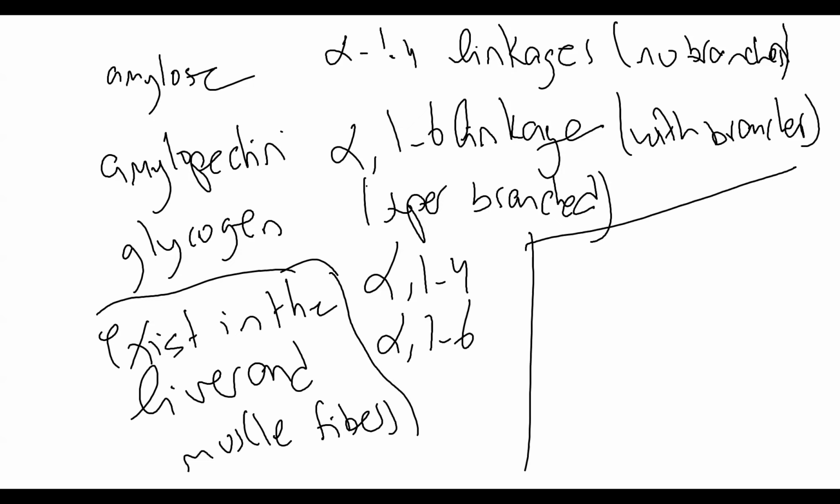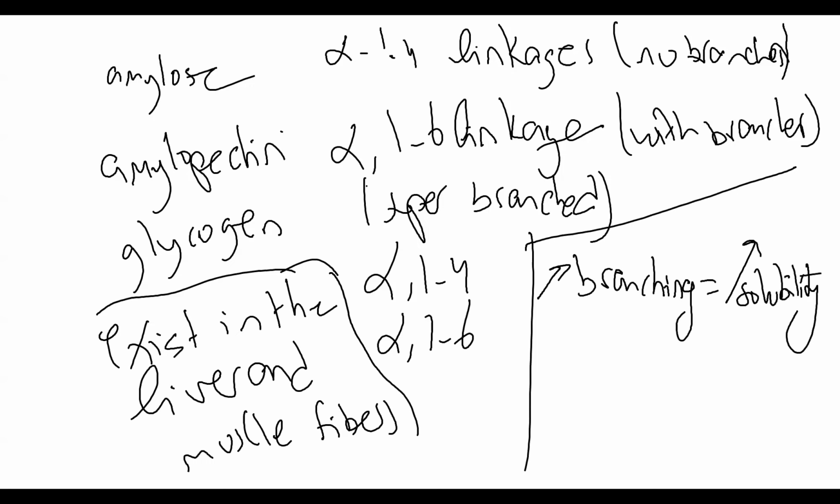When we increase the branching of a molecule, we increase the solubility. Only an exception, which is amylopectin.